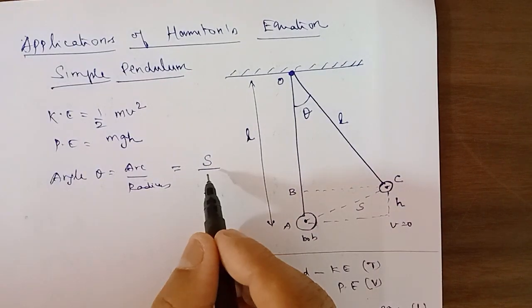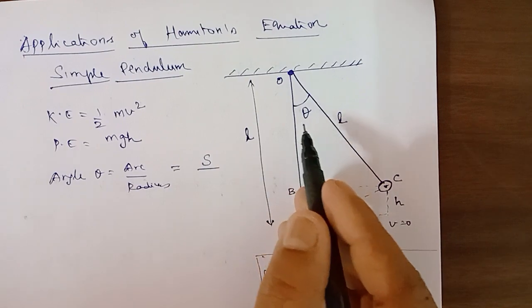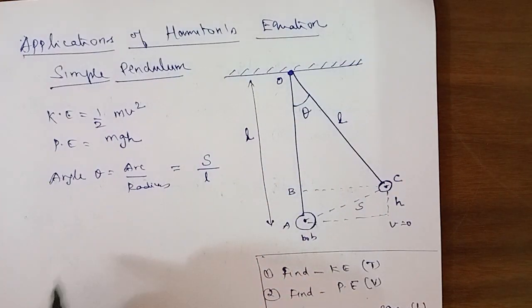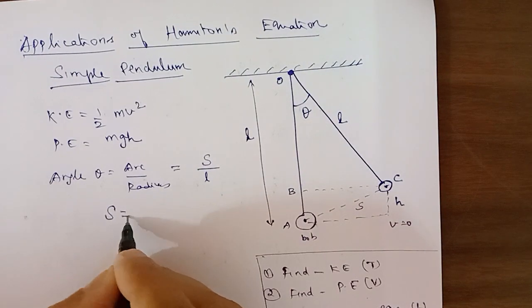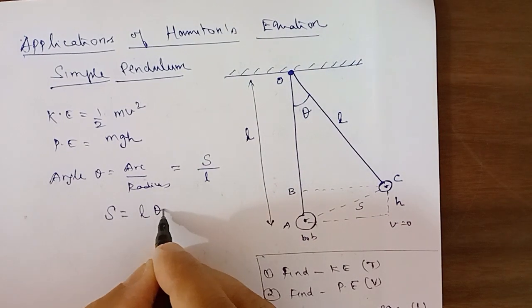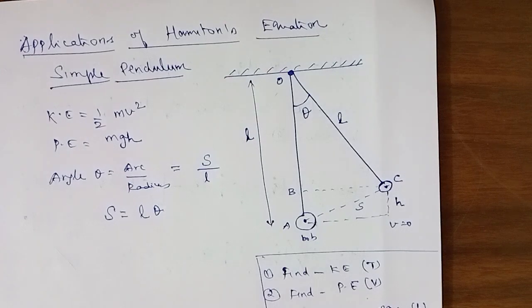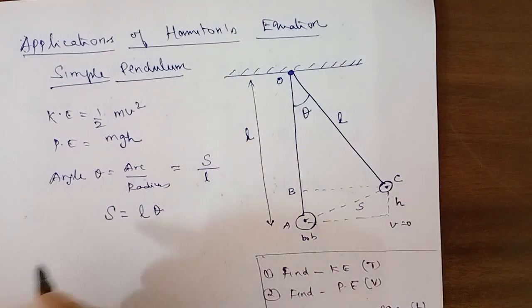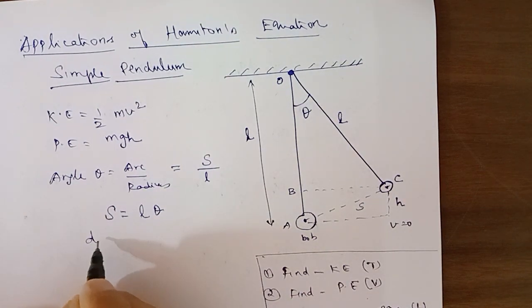Now s by radius, what is the radius here? That is the length, L is the length. So s is equal to L theta. Understand? s is equal to L theta. Now differentiate this s with respect to t, because when the bob is oscillating with respect to time, you differentiate with respect to t.